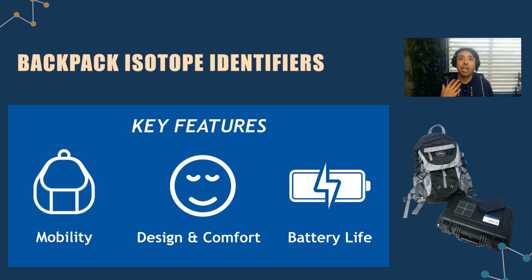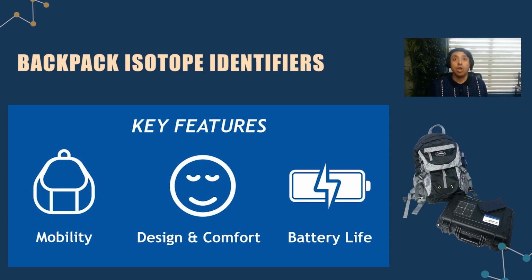By accommodating larger detectors and more sophisticated electronics, backpacks offer heightened sensitivity, allowing for the detection of lower levels of radioactivity or even some rare isotopes. And lastly, extended battery life. They do have much larger batteries, so they're designed for prolonged field operations. You can even have swappable batteries that support extended operational periods, making them ideal for scenarios where recharging opportunities are limited.